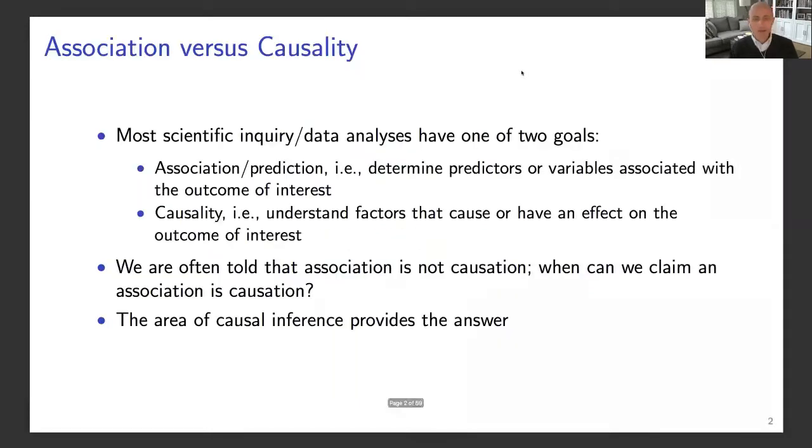Right, okay, so the goal of this presentation for this hour is just to give you a gentle introduction to causal inference if you are not familiar with this area, or maybe you've heard about it, but you'd like to learn a little bit more. And the main distinction here between what we're going to be talking about and what we might do in more traditional statistical analyses has to do with the distinction between association and causation.